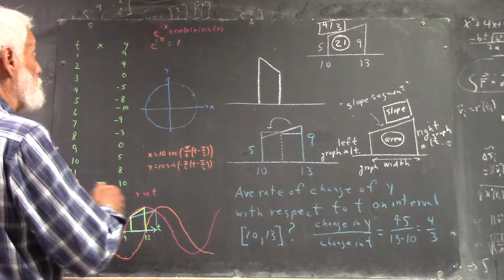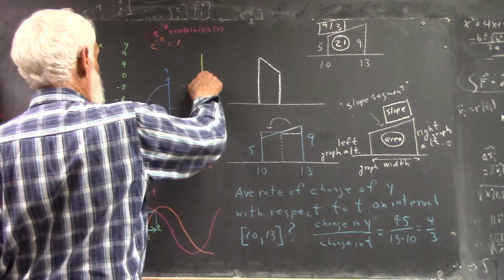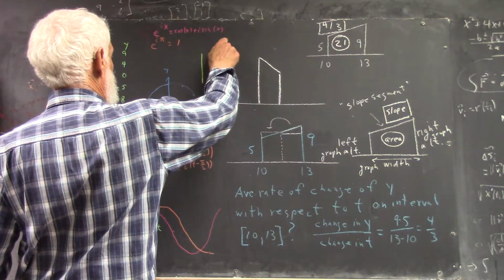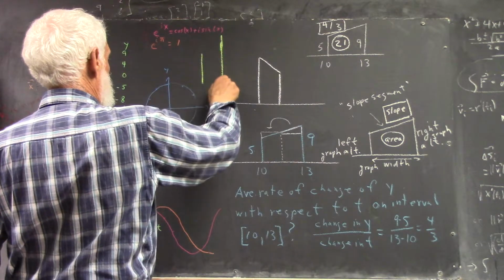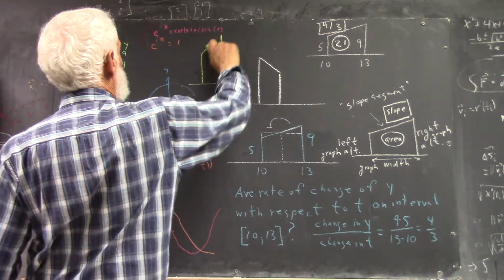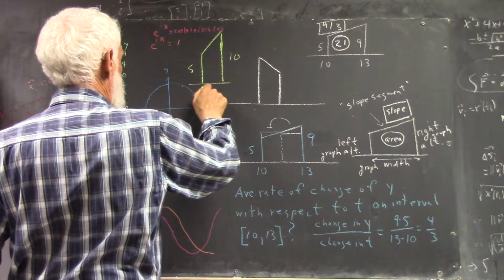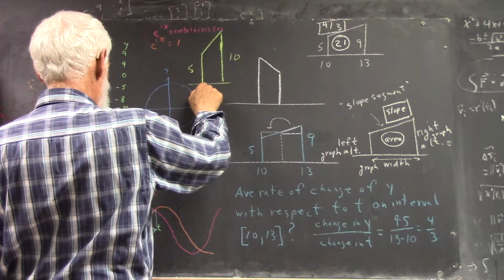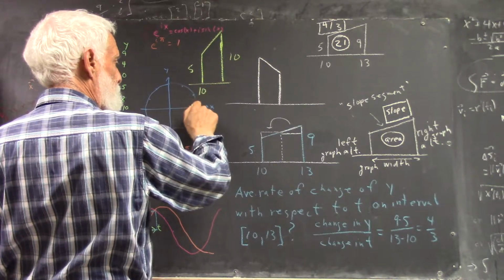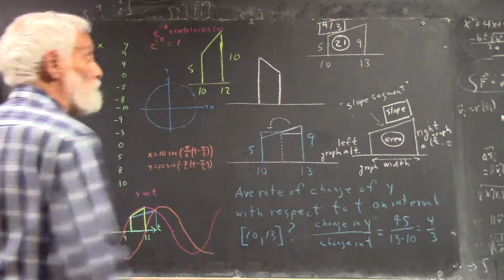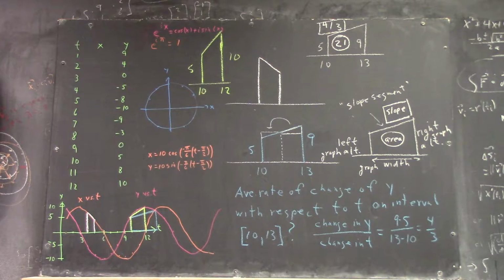So this green trapezoid, it's 5 here and 10 here. And it's, of course, we're going from now 10 up to 12. Okay, tell me, what's the slope? 5 halves.